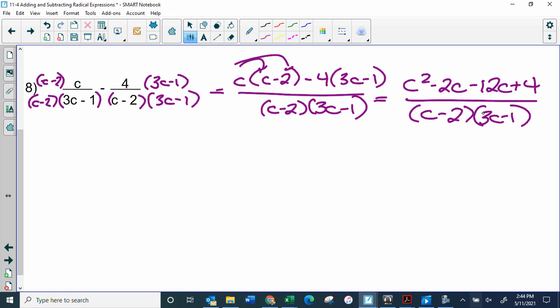And now I'm going to start working down. Combine like terms up in the numerator. That gives me c squared minus 14c plus 4 all over c minus 2 times 3c minus 1.